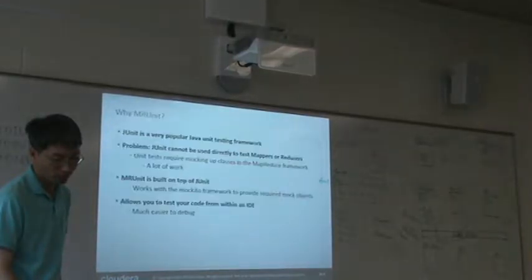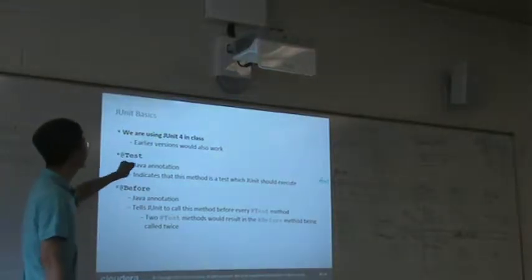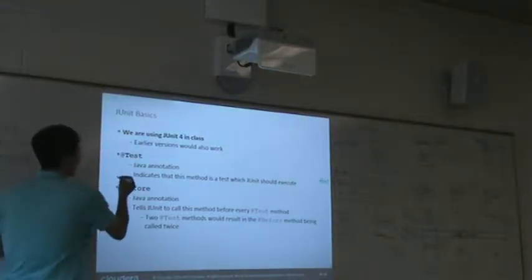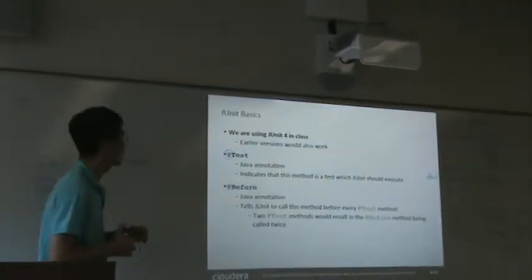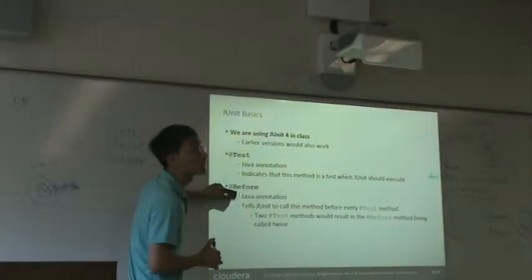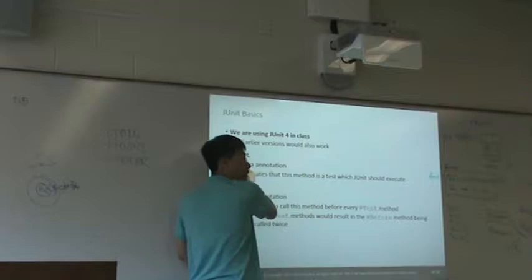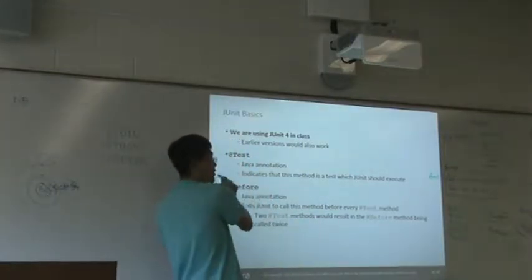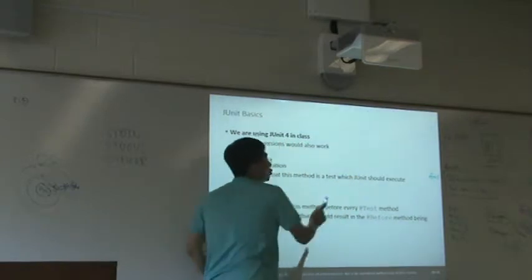So, how can we do that? Let's take a look. There are two parts. One is @Test, which is a Java annotation. What is a Java annotation? It indicates this is not real code. It indicates the method that you are going to test. So @Test means this is something additional, but it's for testing the unit.